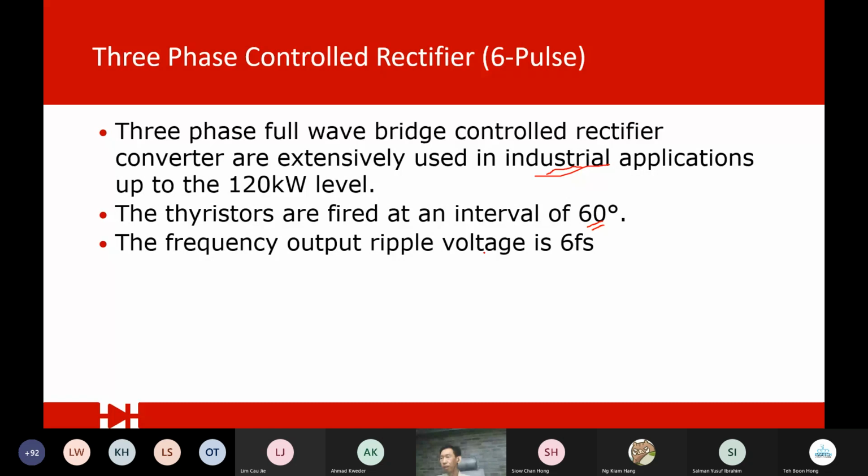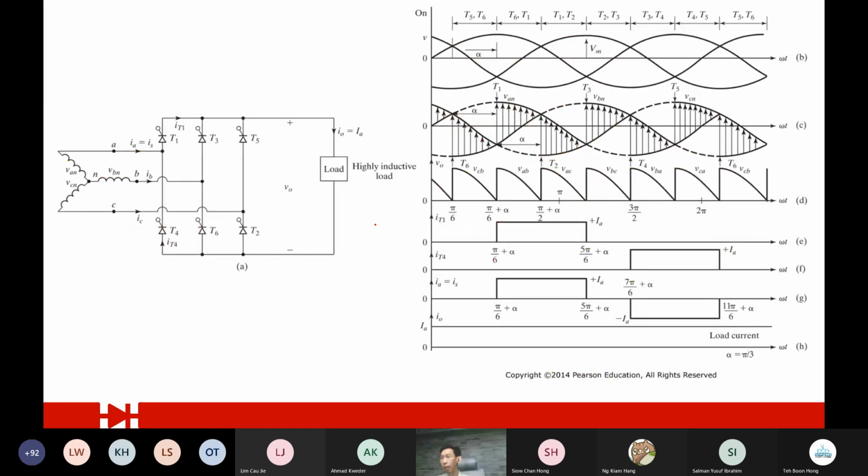The frequency of the ripple voltage will be 6 times. So it's still the same. The only difference is we are replacing a diode with a thyristor.